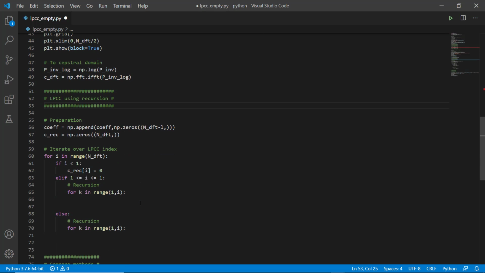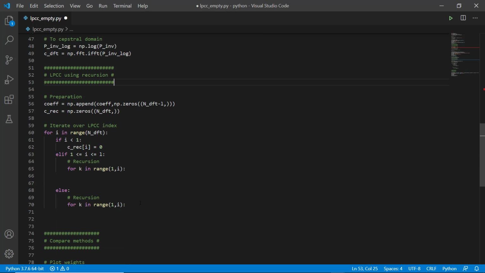Then when we go down to our efficient recursion, we can jump right into our second case. We first have to compute that sum that you see in the recursion. So we use the same variable to increment that sum.